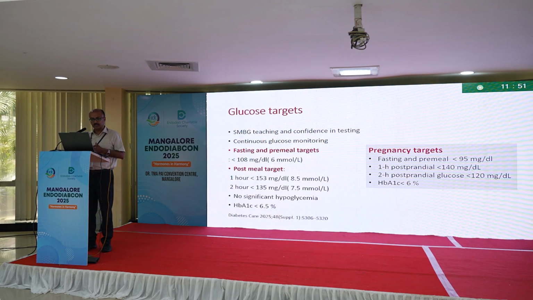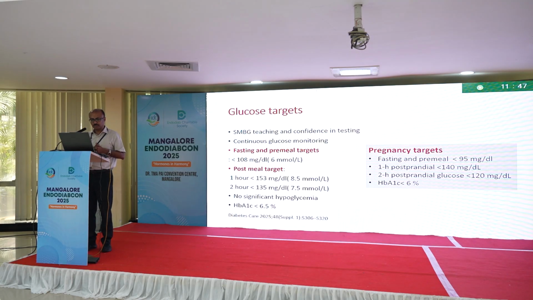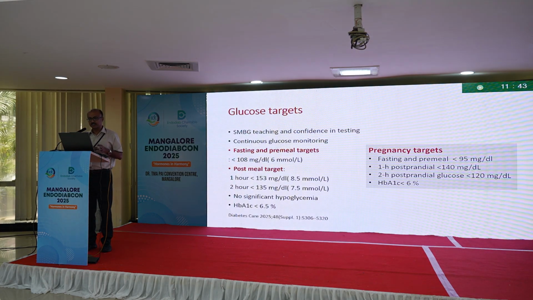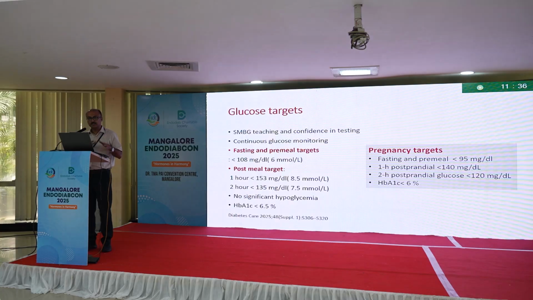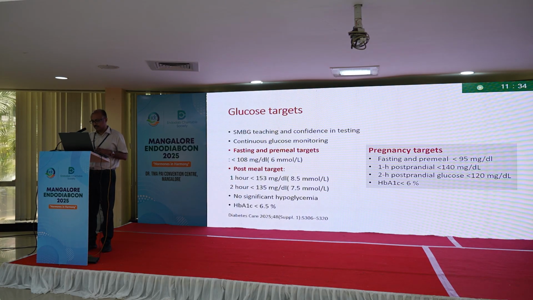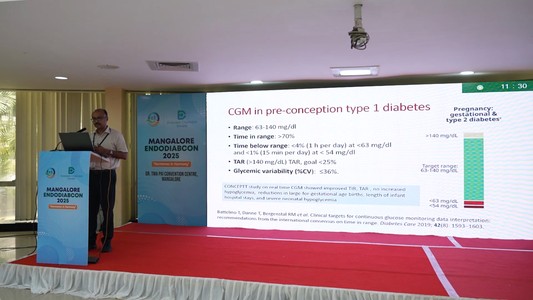These are the recommended guidelines: 108 fasting, 1 hour 153 and 2 hour 135, and an A1C of 6.5. But remember that the pregnancy targets are much stricter. Most of the time in our OPDs, we tell them the pregnancy targets and try to achieve them even in the pre-pregnancy time, so that they are not confused as they move from preconception to conception.